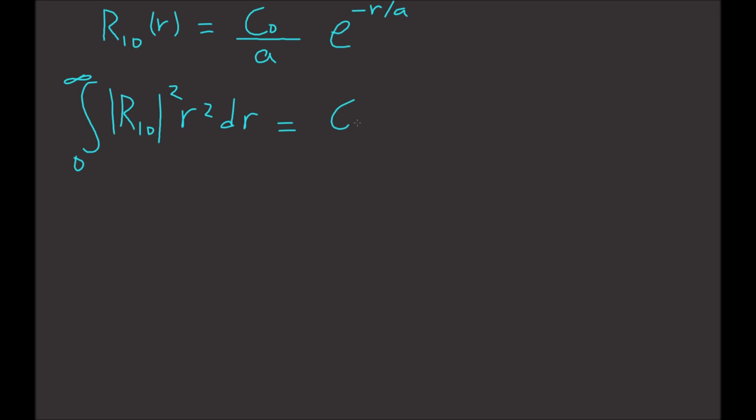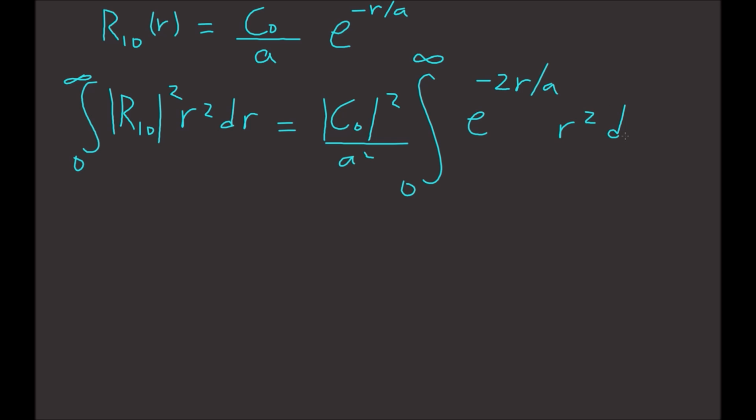This is equal to C naught squared divided by a squared times the integral from 0 to infinity of e to the minus 2r divided by a, 2 because it's been squared, times r squared dr. This integral must equal 1, and once you do it, you get C naught squared times a divided by 4 equals 1.